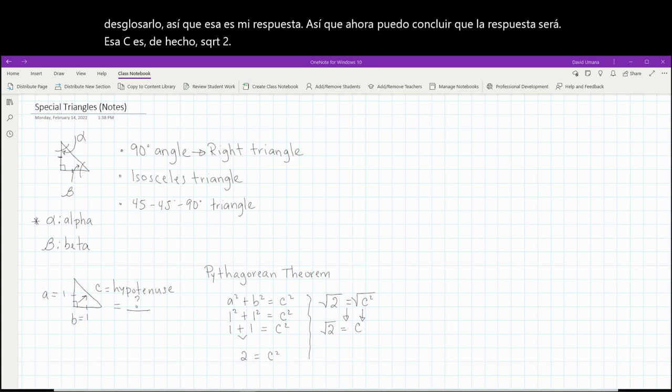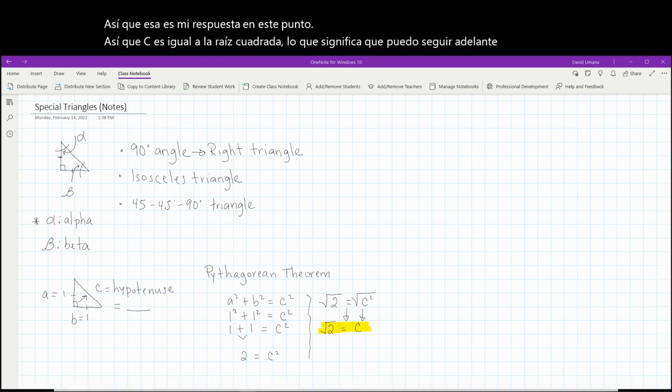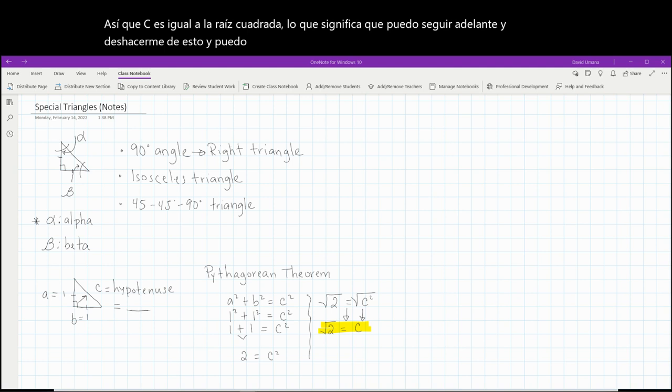Okay, so that is my answer at this point. So c is equal to the square root, which means I can go ahead and get rid of this, and I can easily replace it by the square root of 2. Okay.